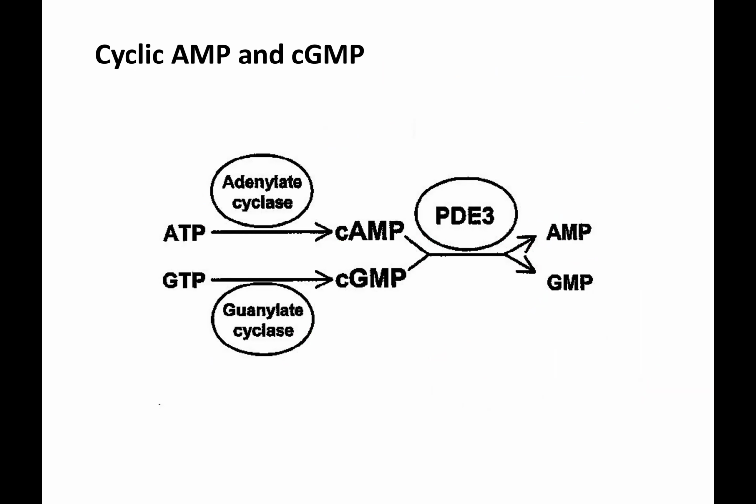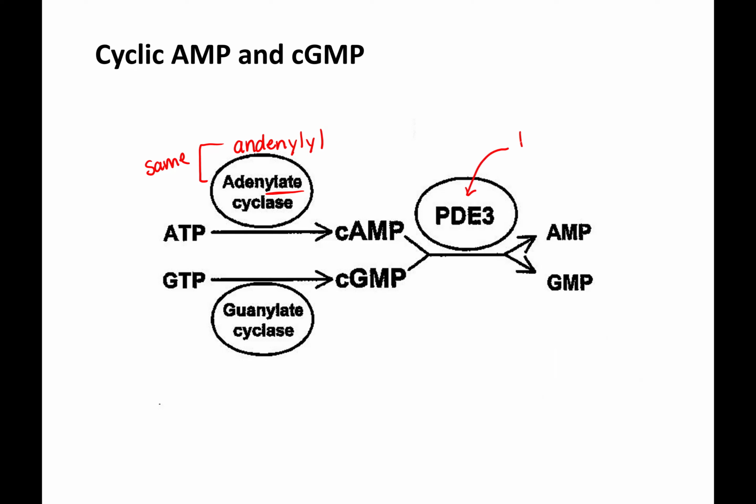This image shows you a little overview: ATP to cyclic AMP. So adenylate cyclase and adenylyl cyclase are the same thing. I usually say adenylyl cyclase, that's just what I'm used to. It means the same thing. And same with guanylate cyclase or guanylyl cyclase.